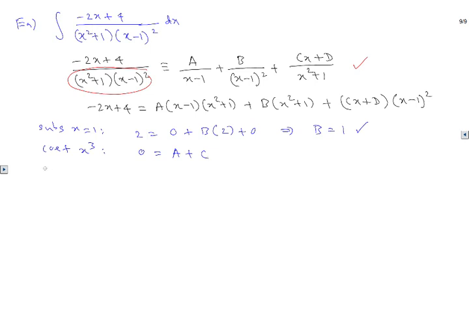So let's go with the other coefficient, x squared. We don't have an x squared term on this side either, but do we get an x squared term here? Yes. We get an x squared term when you multiply x squared with negative 1, so the coefficient is going to be negative a.